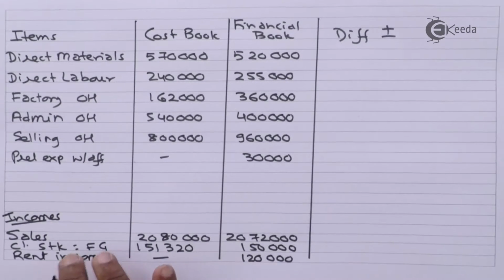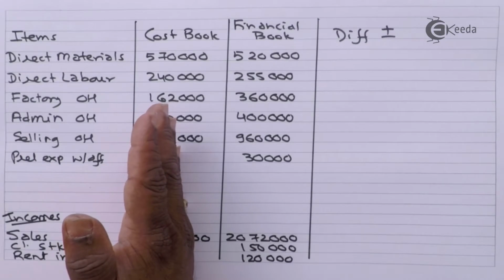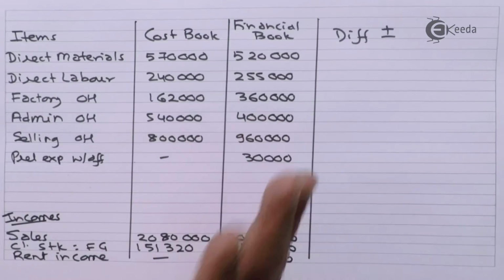We have considered all the items responsible for difference in profit as per cost book and financial book. From amount in first column, we are going to deduct amount in second column.